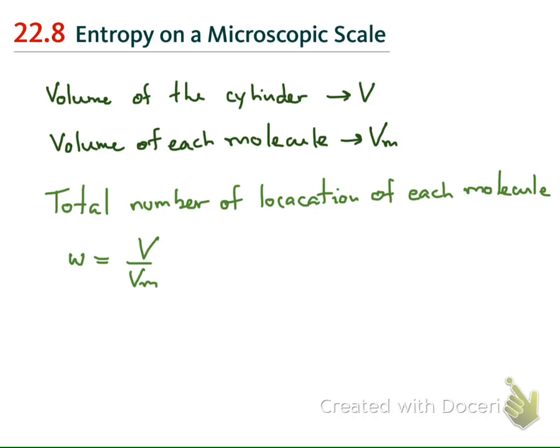This is the total number of locations for one molecule. It means that the molecule can be located in any position, and the number of positions is W. We may call this the microstate of one molecule.